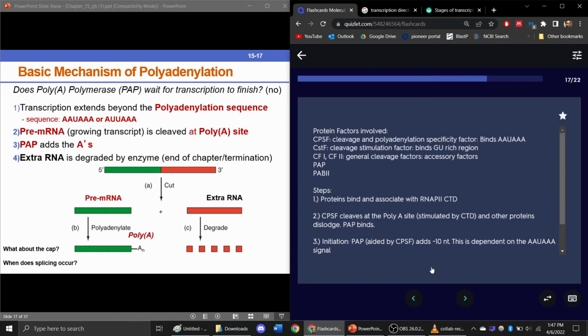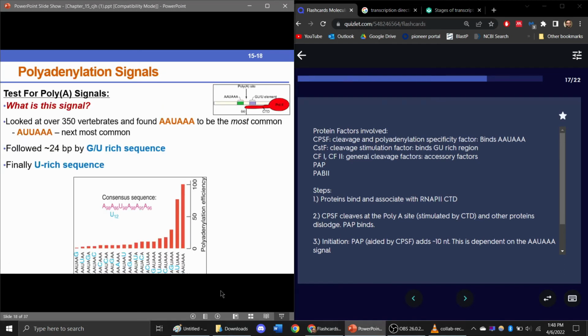Starting off, let's list our actors. We have the following proteins and enzymes involved in this process. You have your CPSF, which is your cleavage and polyadenylation specificity factor. This is going to be responsible for binding to that AAUAAA sequence.